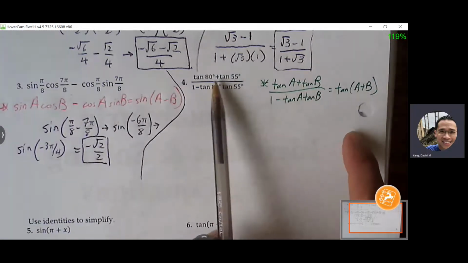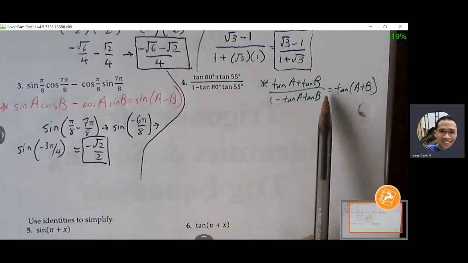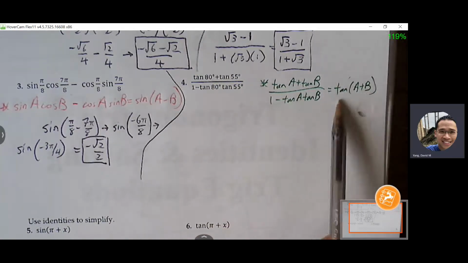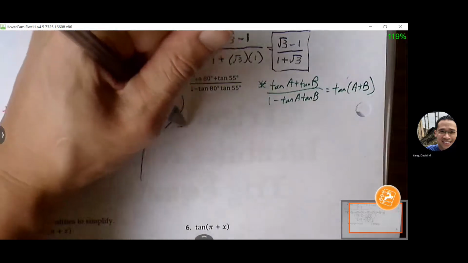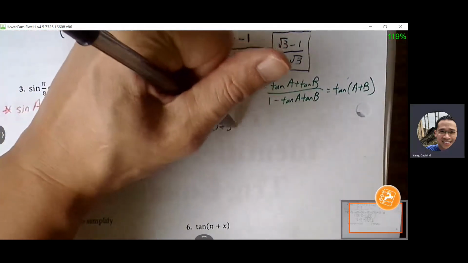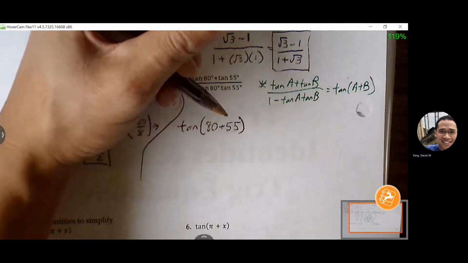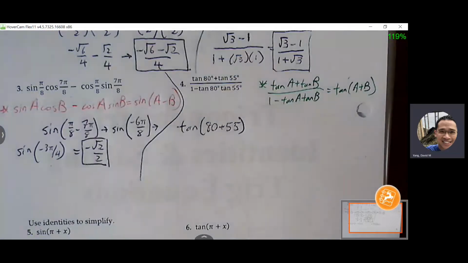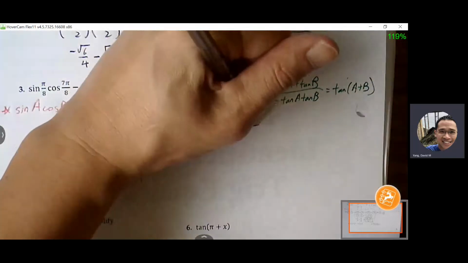We don't recognize 80 and 55, but if we add them together, maybe that's something that we can recognize more easily. 135.